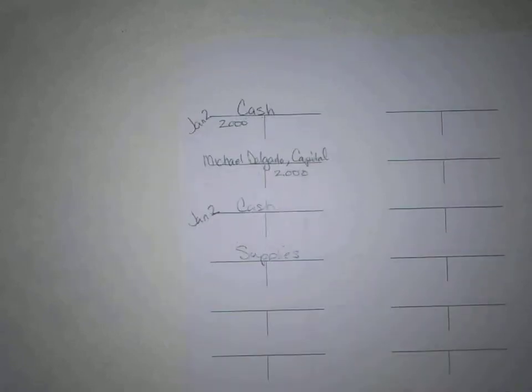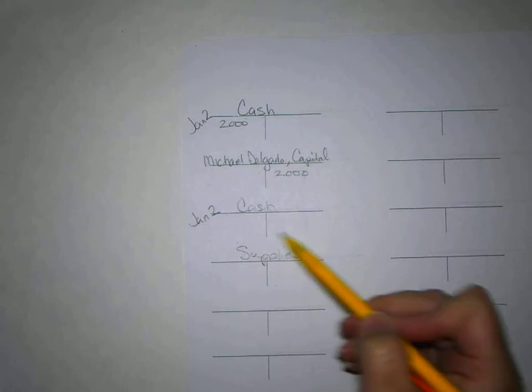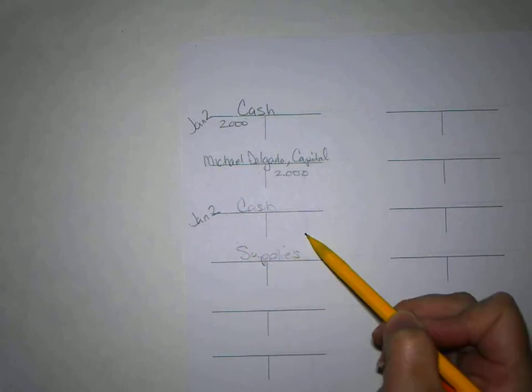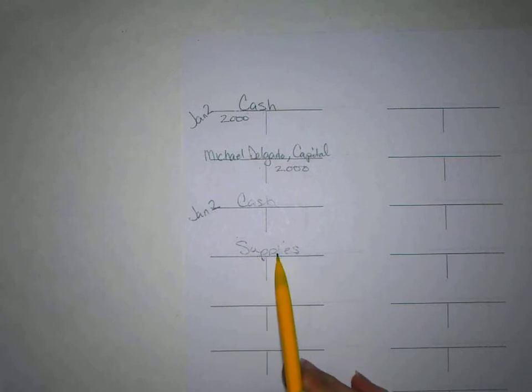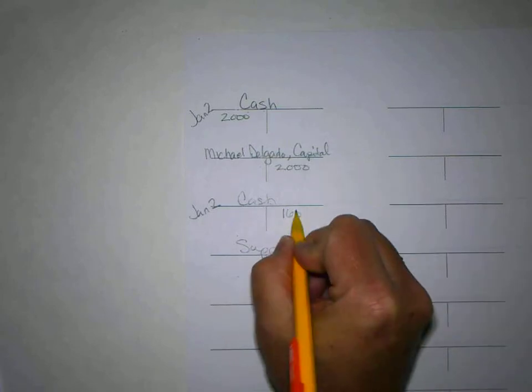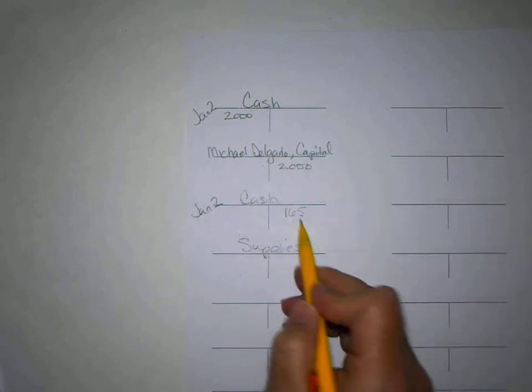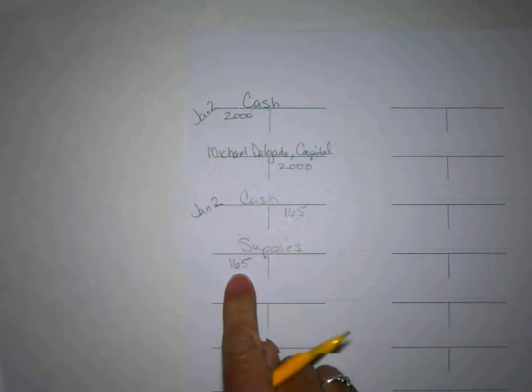Okay, so now we paid cash, so cash is decreasing. What side does it decrease on? Decreases on the credit side. Supplies are increasing. What side does it increase on? It increases on the debit side. So my 165 will be decreasing cash here, and 165 increasing supplies here.